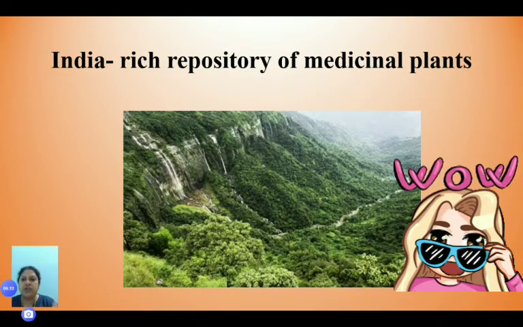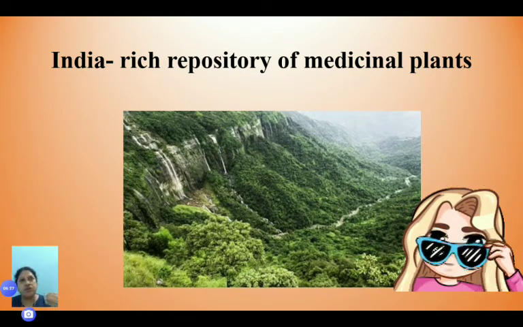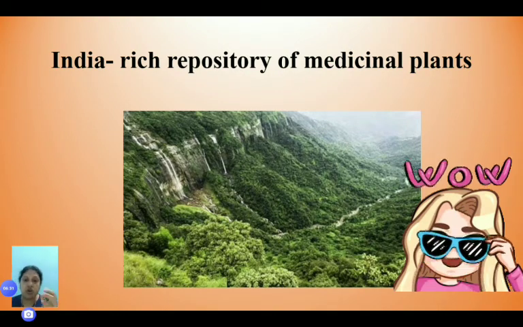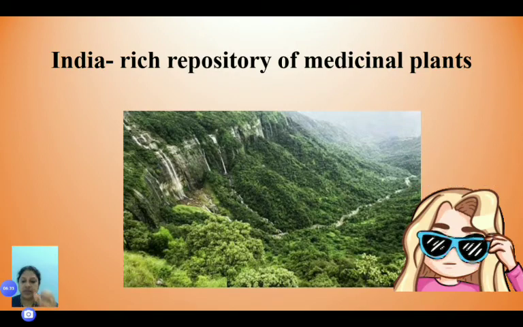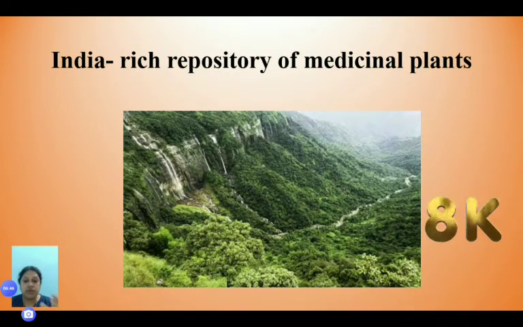From here the raw materials are collected and the drugs are manufactured, and even many perfumery and cosmetic products are manufactured from this repository. About 8,000 herbal remedies have been registered in the Ayush system of India. So you can imagine, 8,000 herbal remedies.